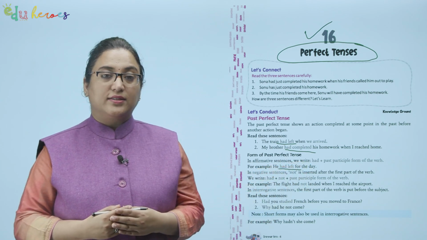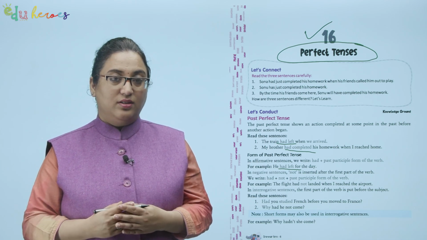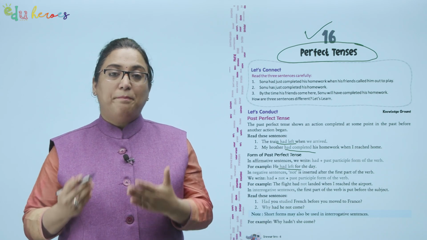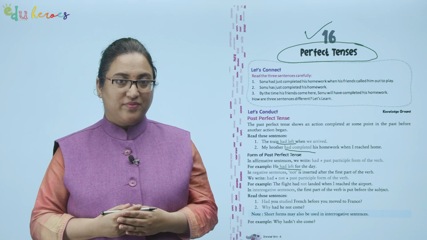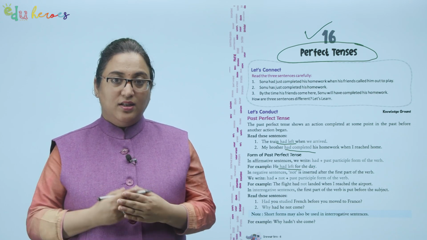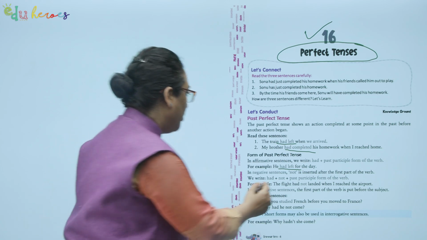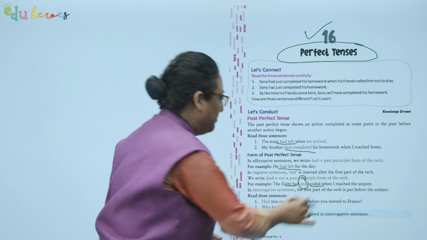In negative sentences, not is inserted after the first part of the verb. We write had plus not plus past participle form of the verb or the third form of the verb. For example, the flight had not landed when I reached the airport. So here not is inserted in between had and verb.